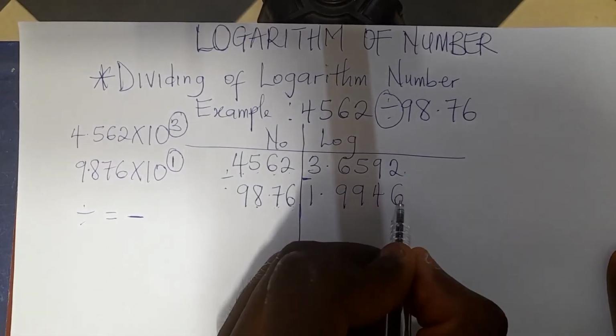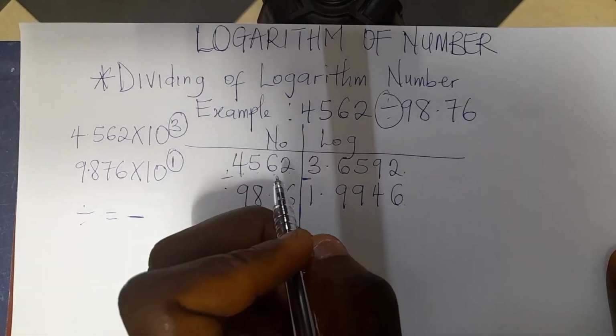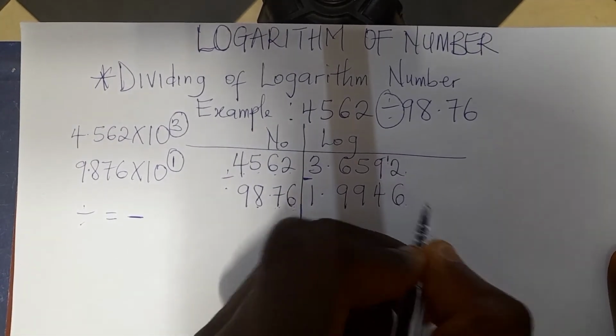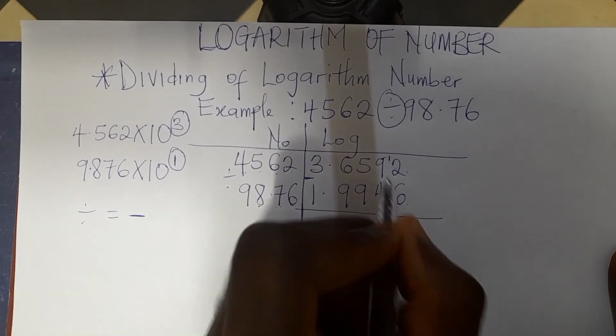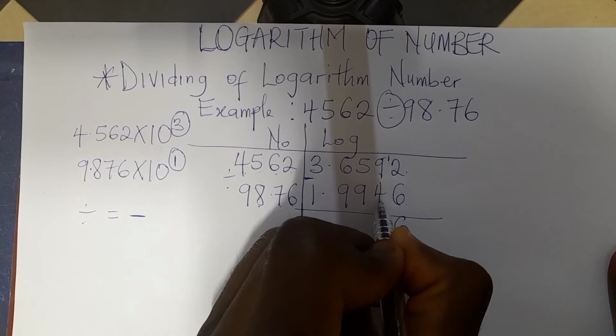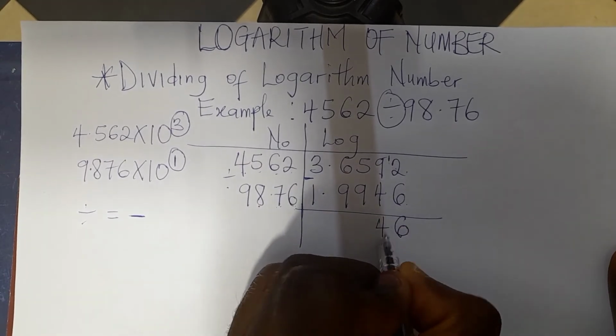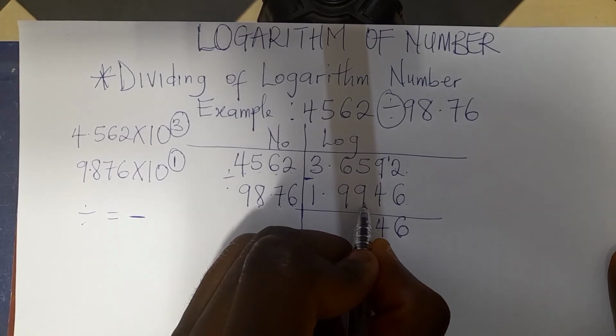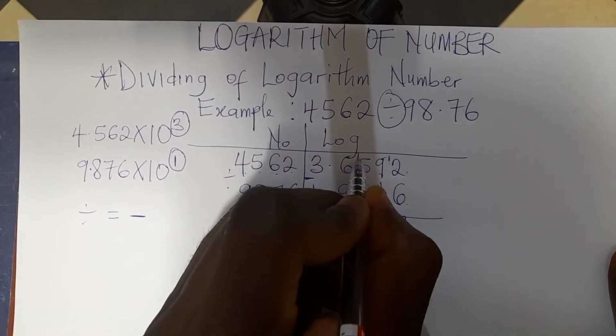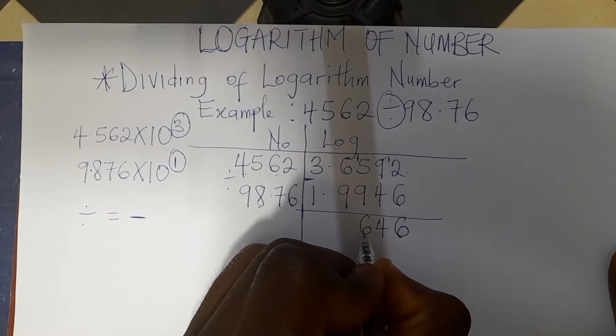So we are subtracting this. Now 2 minus 6, it's impossible, so we have to borrow 1 here. So we have 12 minus 6, this gives us 6. Now this is now 8, so 8 minus 4 gives us 4. Now 5 minus 9, it's impossible, so we have to borrow 1. So 15 minus 9 gives us 6.